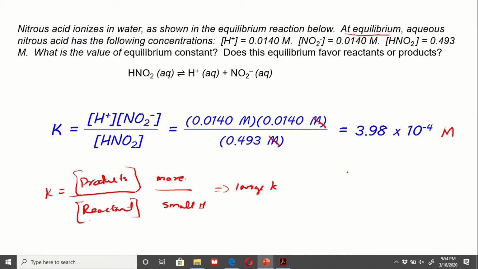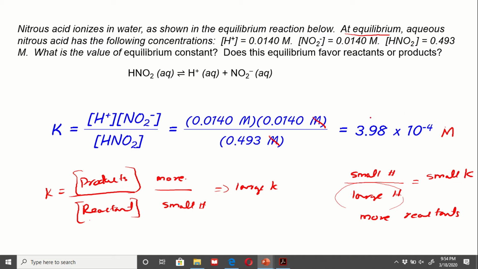That means if you have a small number divided by a large number, then you will have a small K value. So if you have more reactants, you will end up with a smaller K.